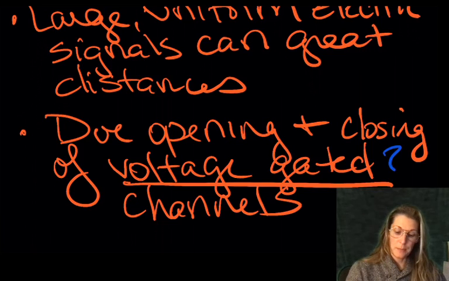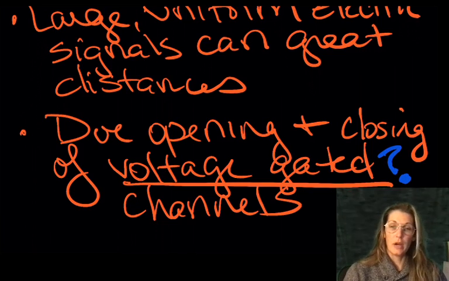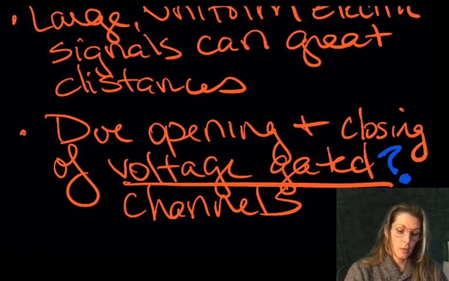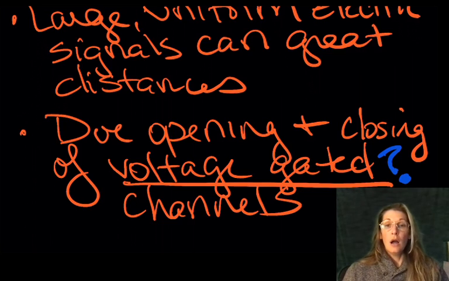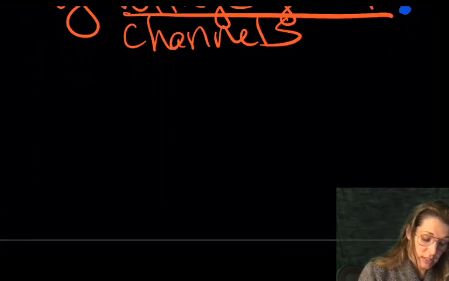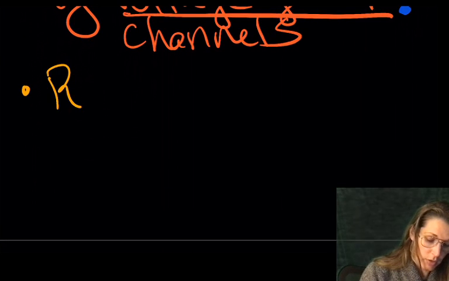In graded potentials, we don't have voltage gated channels, we have stimulus gated channels. Go back to my orange. Is that the right color orange? Yeah. Okay. All right. Cool.